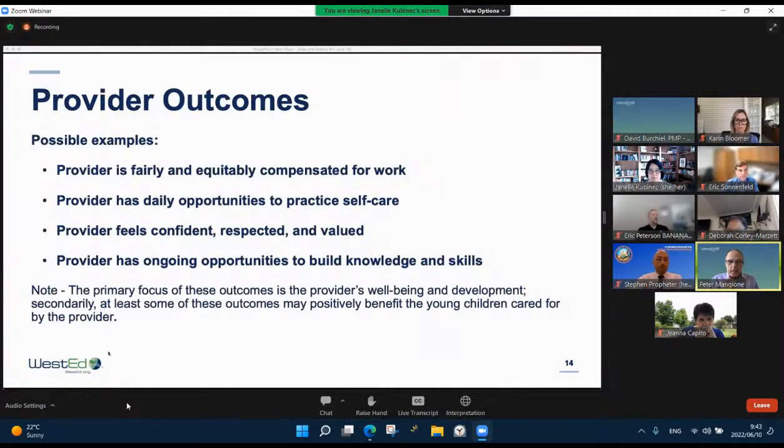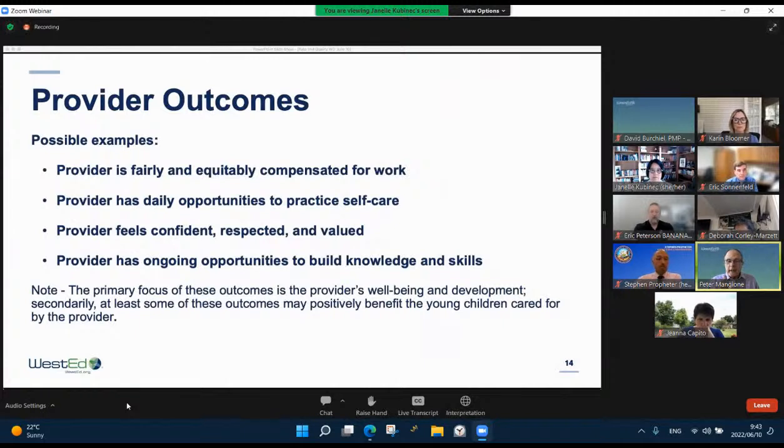And to make that emotional connection, it's personally a really demanding job. And so we need to make sure an outcome of that work experience for providers is that they are practicing self-care. We want them to feel confident, respected, and valued, as we would want any worker to feel.